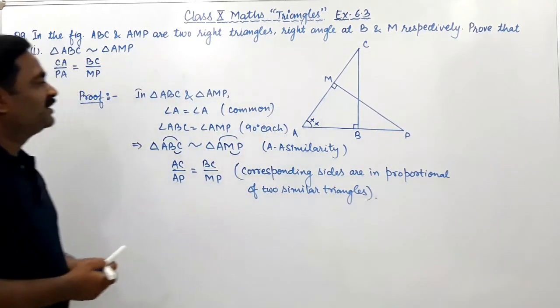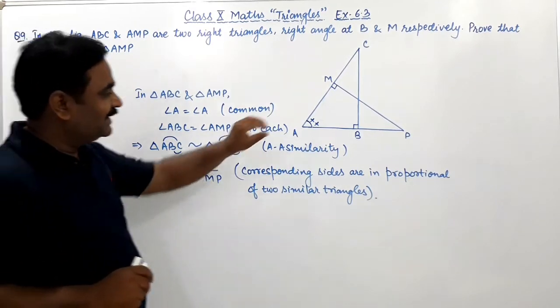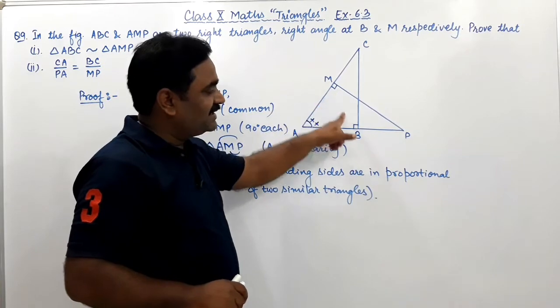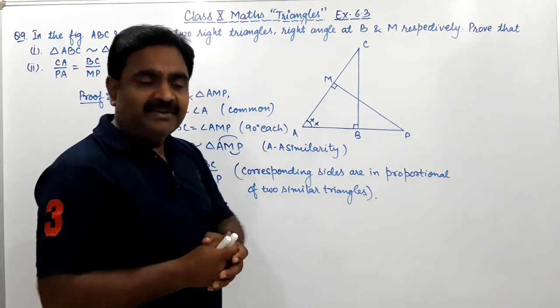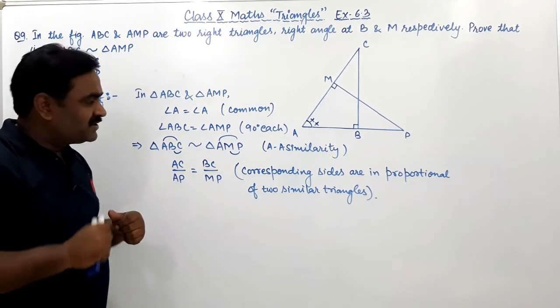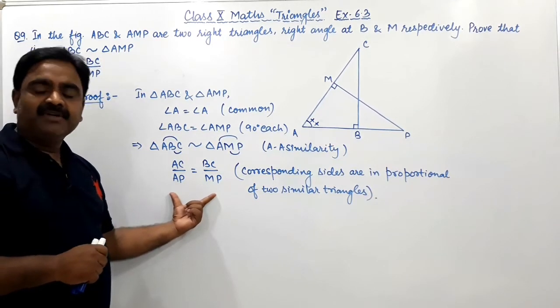Clear? So dear students, it is proved. Any confusion? This angle was common in both the triangles. This angle is equal to this, as they are 90 degrees. It was given that the triangles were right angle triangles, so by angle similarity these two triangles are similar. Afterwards their corresponding sides are in the same ratio.